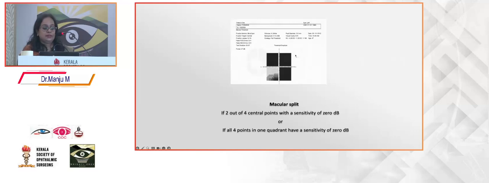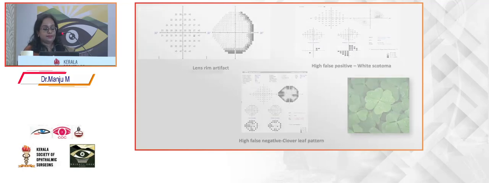And also if there is a threat to fixation, it's important to do a macular program to see whether there is any macular split. If there are 2 out of 4 central points with a sensitivity of 0 decibel, or if all the 4 points in one quadrant have a sensitivity of 0 decibel, you say that there is a macular split. That's most commonly done before any glaucoma surgeries.